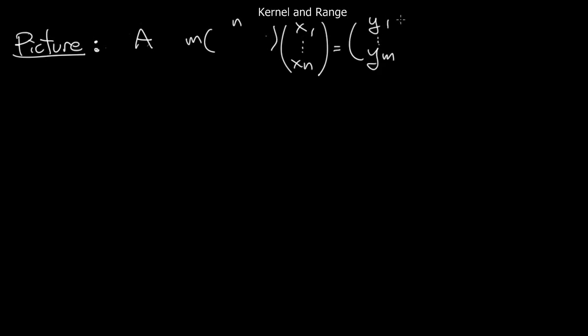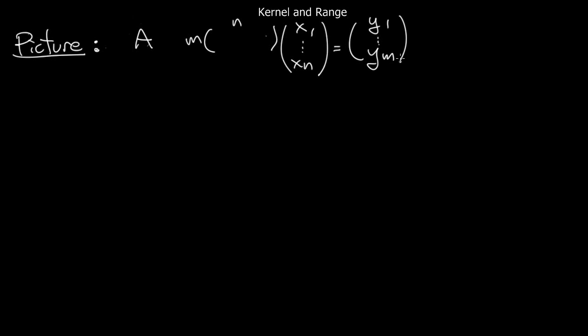I want to revisit these subspaces from a slightly different point of view to draw a picture. So we have our m by n matrix. And remember, that says that you can multiply an n vector and get an m vector. So, and this is important, what this means is that you can think of A as being a function from Rn to Rm.